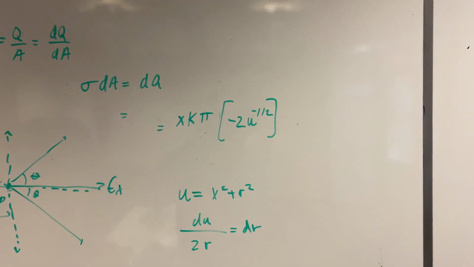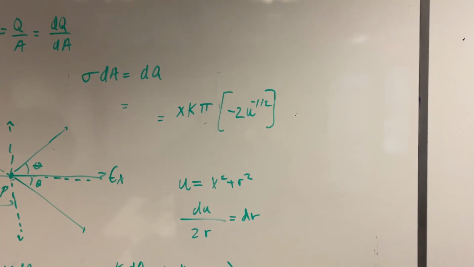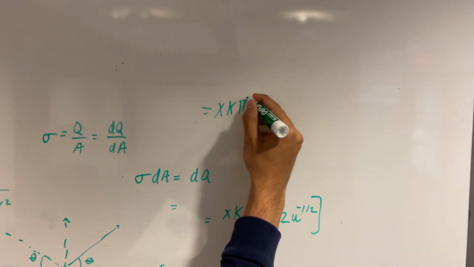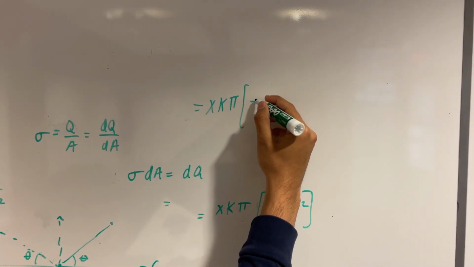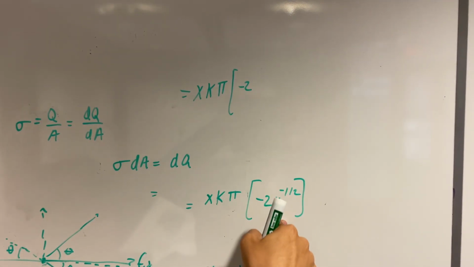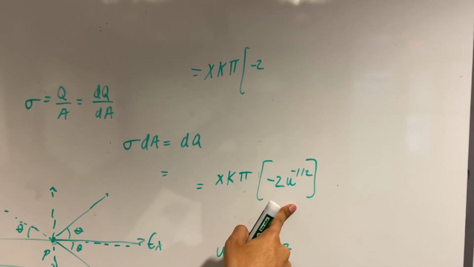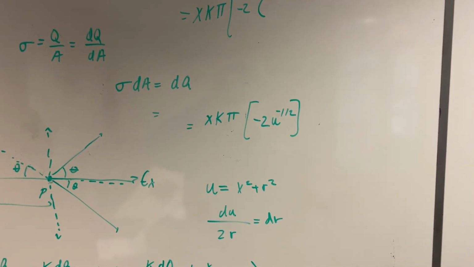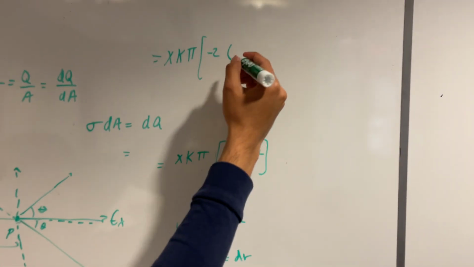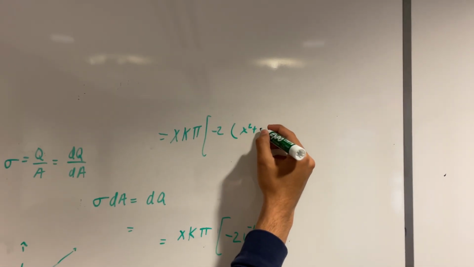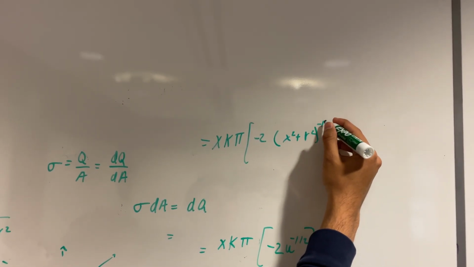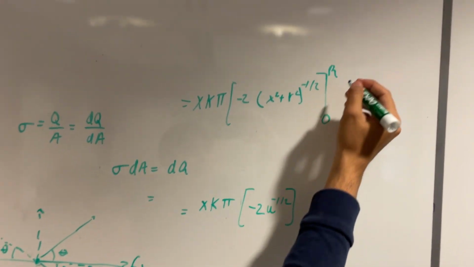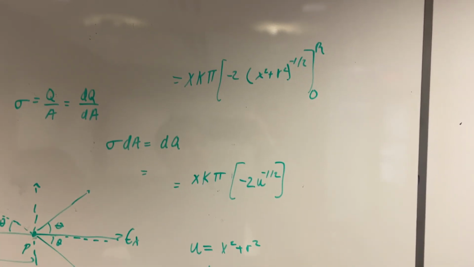We evaluate, so we need to change back to x. So x k pi times negative 2 times u, and remember u is x squared plus r squared, to the negative 1/2, and then we integrate from 0 to R.